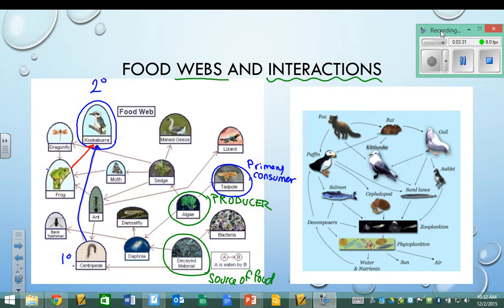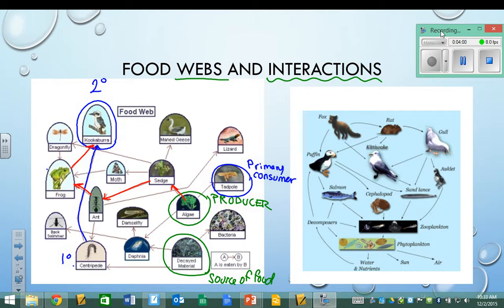But let's say now that I follow the line from the frog. Now the frog is eating a couple of different things as well. The frog, for example, is eating the ant. The ant, for example, it's going to be hard for me to follow these little lines here. The ant is eating the sedge, and the sedge was eating the algae.